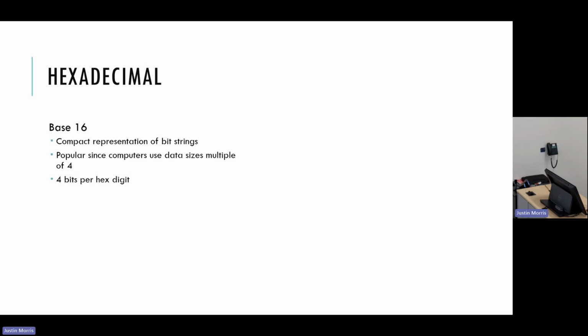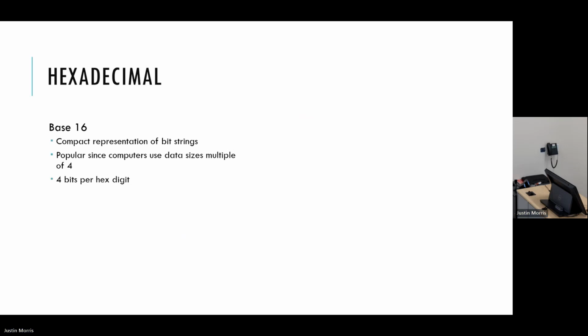Okay. So the next thing is going beyond binary. We're going to cover another base. So hexadecimal, and apparently you forgot this, so you need to pay attention this time too, is base 16. Right?